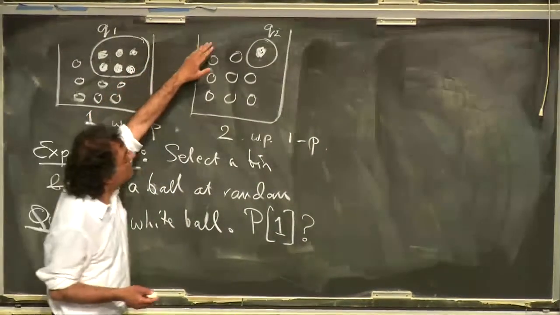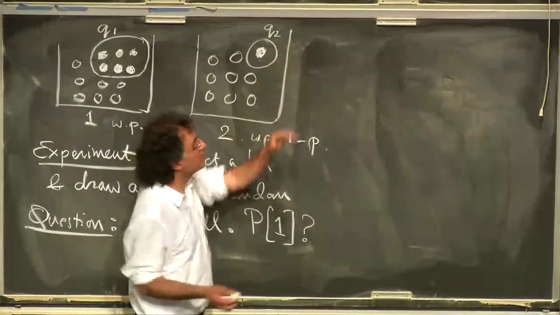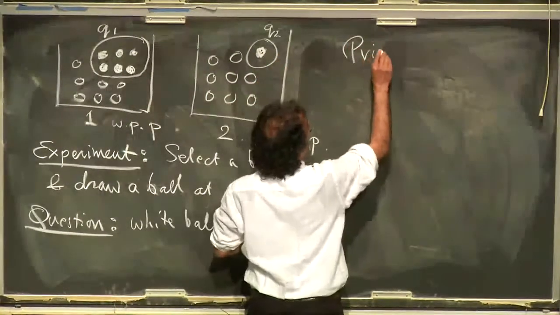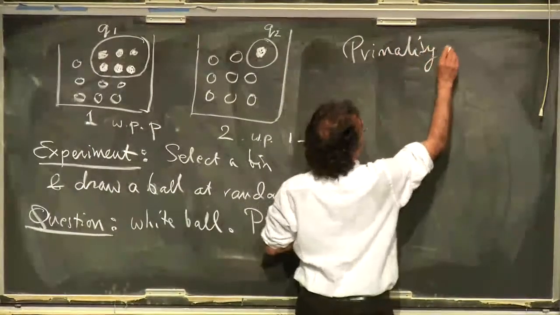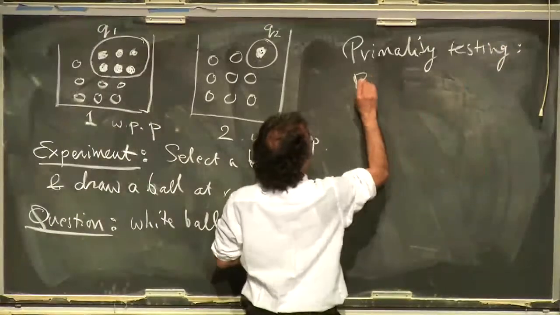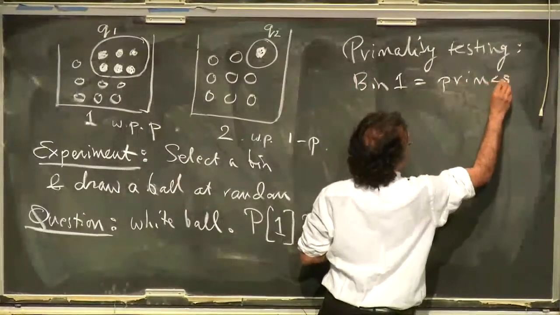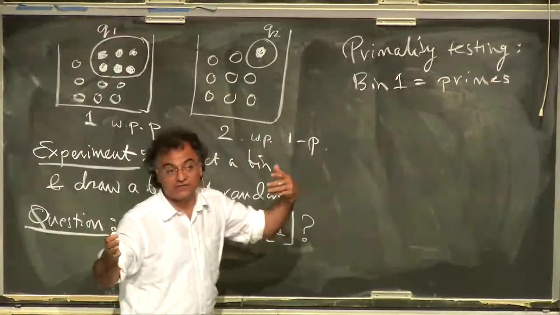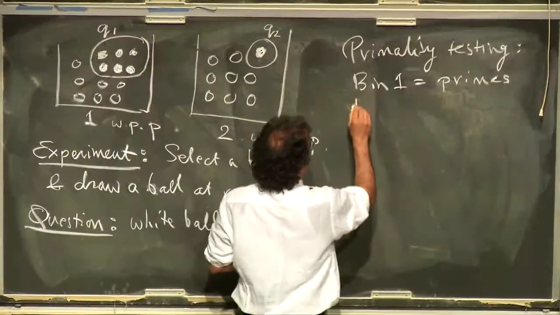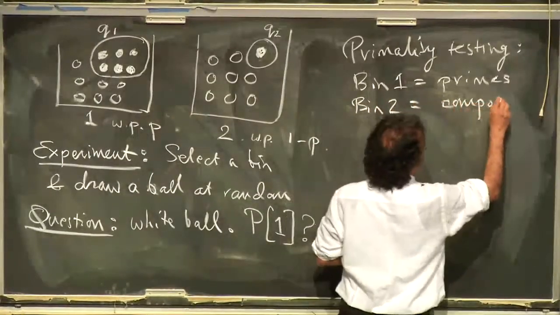Bin number 2 would be all the composite numbers among the 200-digit numbers. So in primality testing, bin 1 is the set of all primes of the length that we are interested in, of 200 digits. Bin number 2 is the set of all composites of that same length.